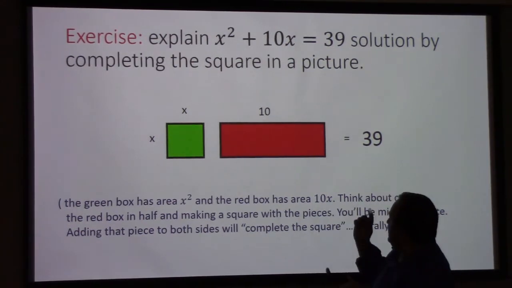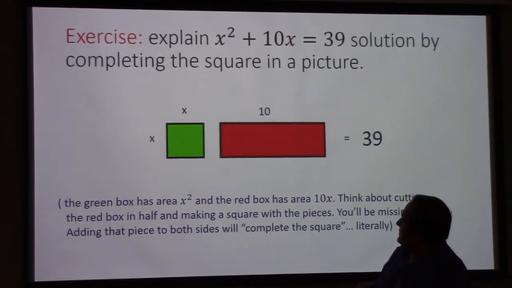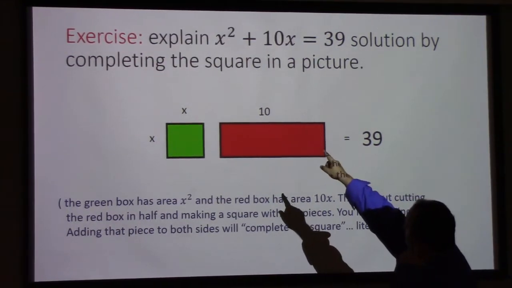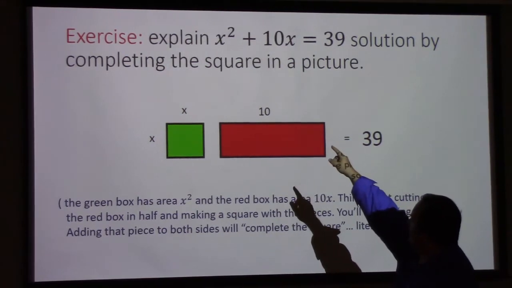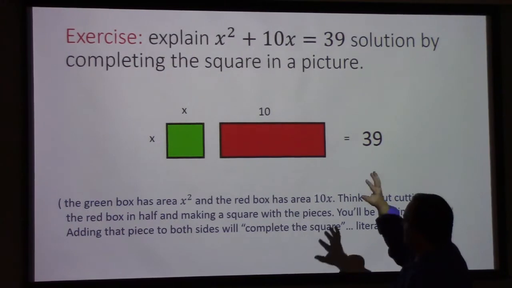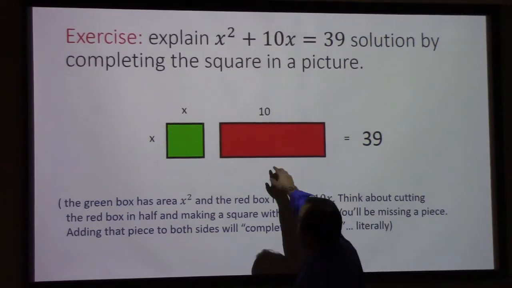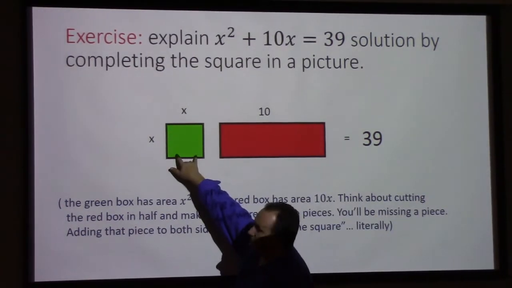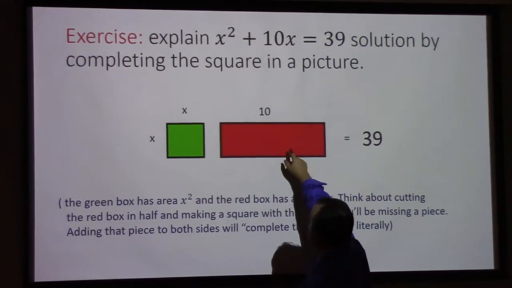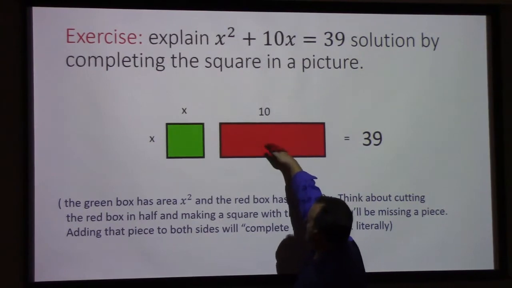So this is the first in-class exercise. I want us to try to do this together. I want you to try to explain why, if we have x squared plus 10x equals 39, how we can solve that in terms of this diagram. This has area x squared, right? This has area what? 10x.